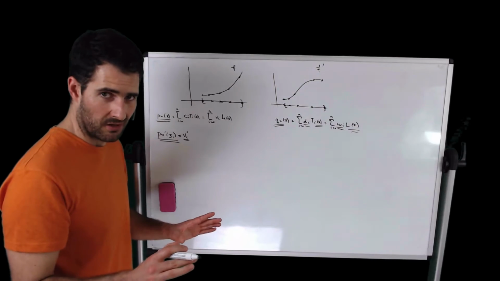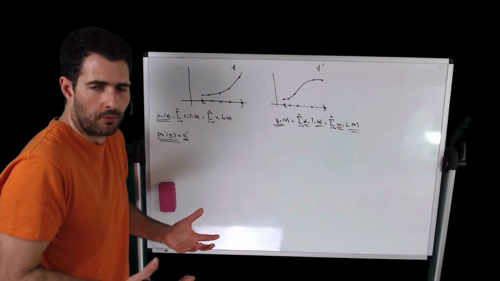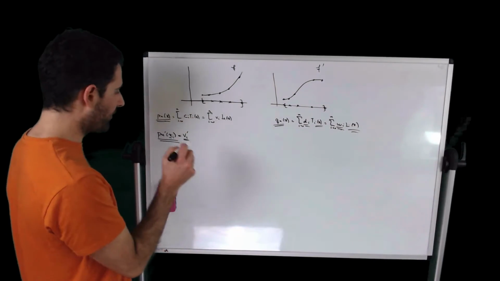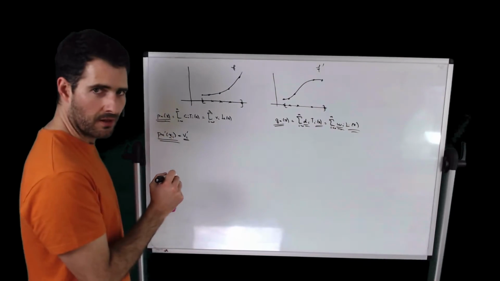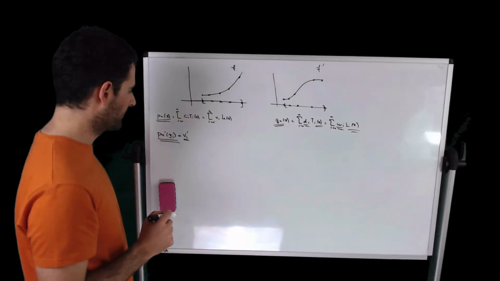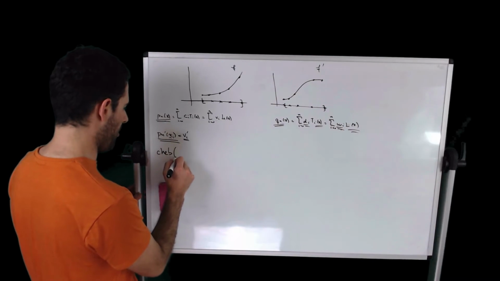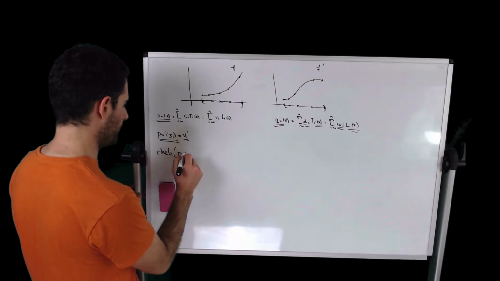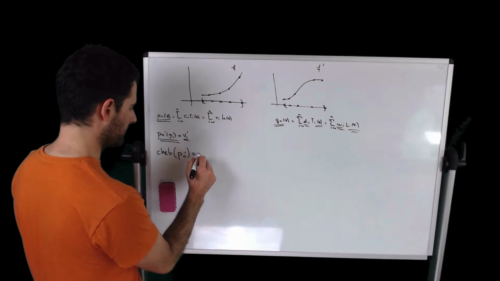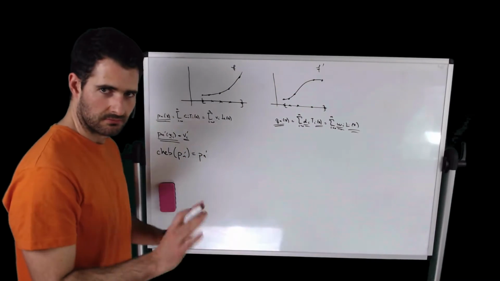That's by definition. But we know that there's only one unique polynomial with that condition, and we know that there's another polynomial, Pn prime, that has that same condition. Hence, the Chebyshev object, which I'm going to denote by Chev of Pn prime, is equal to Pn prime.